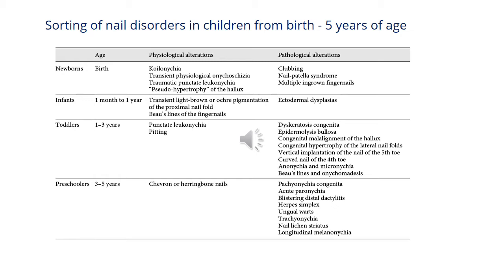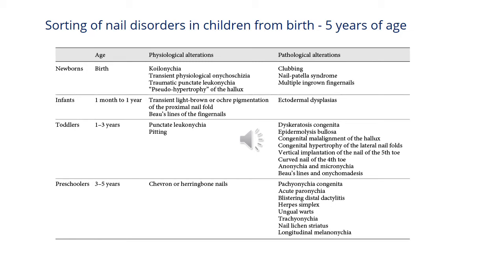Next slide, you see here some nail disorders in children from the age of birth to 5 years. You see the common problems in the newborn, which include the following: koilonychia, transient physiological onychoschisis, traumatic punctate leukonychia, pseudohypertrophy of the hallux.